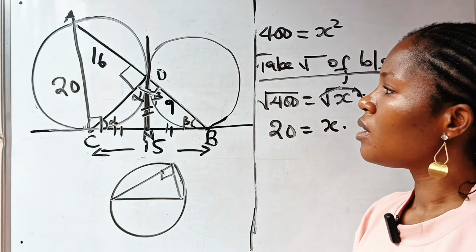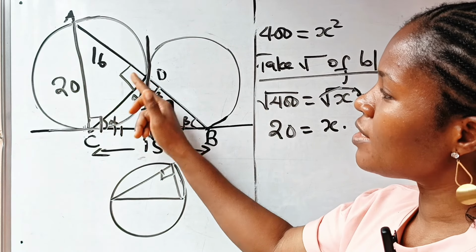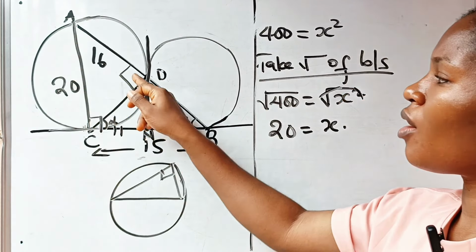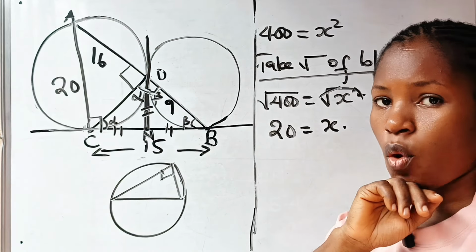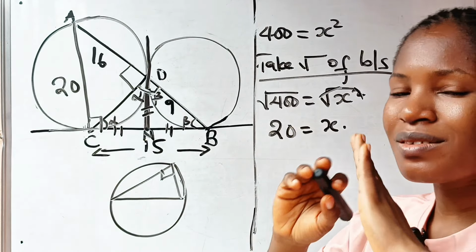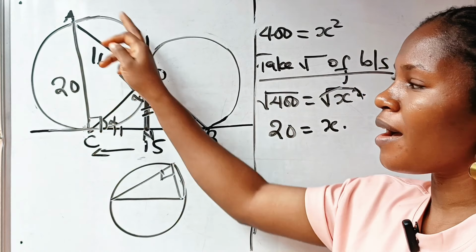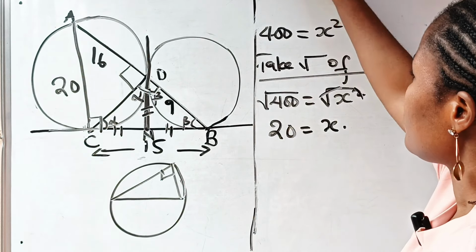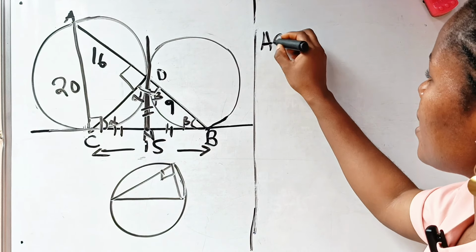So that simply proves that since this angle is 90 degrees, it's only a diameter that will make an angle of 90 degrees with the circumference. So that proves that AC is the diameter of this big circle.